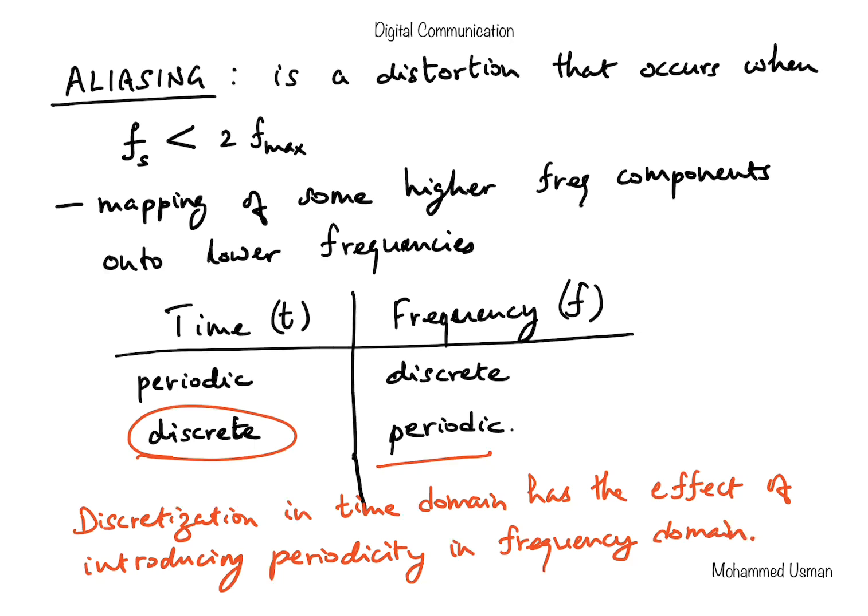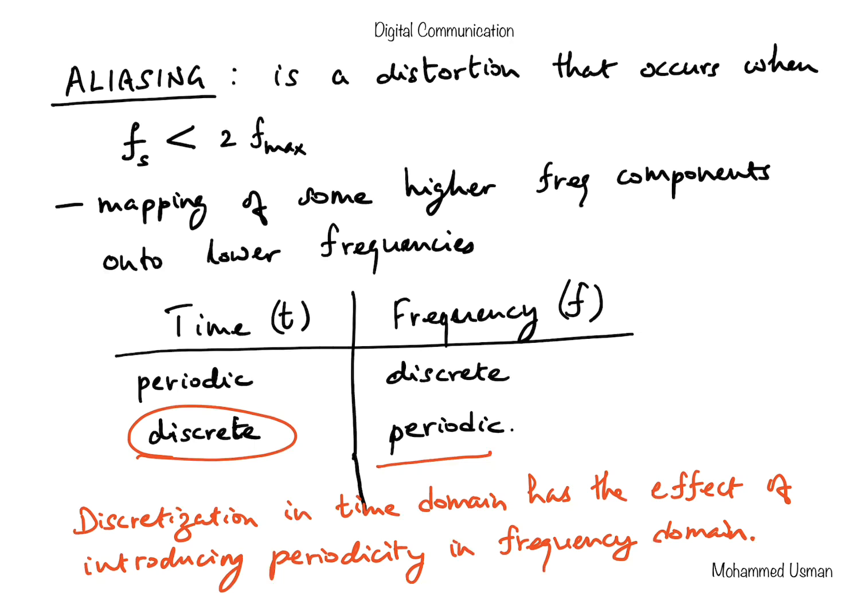We will use this idea to understand the effect of the process of sampling in the frequency domain, and then we will also see how the value of the sampling frequency Fs is going to affect the spectrum of the sampled signal, and thereby we will be able to see what is the meaning of aliasing.